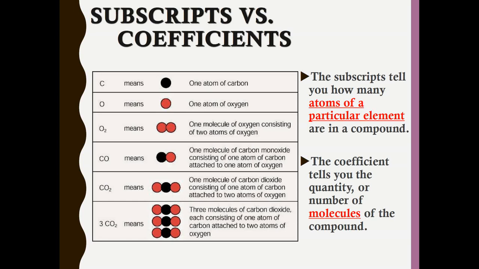The coefficient tells us the amount or the quantity of that element or the substance that we are using, but the subscript tells us what type of molecule or compound we are using. So for example, if I say H2O and if I say H2O2, there is a difference between H2O and H2O2. H2O is water and H2O2 stands for hydrogen peroxide.